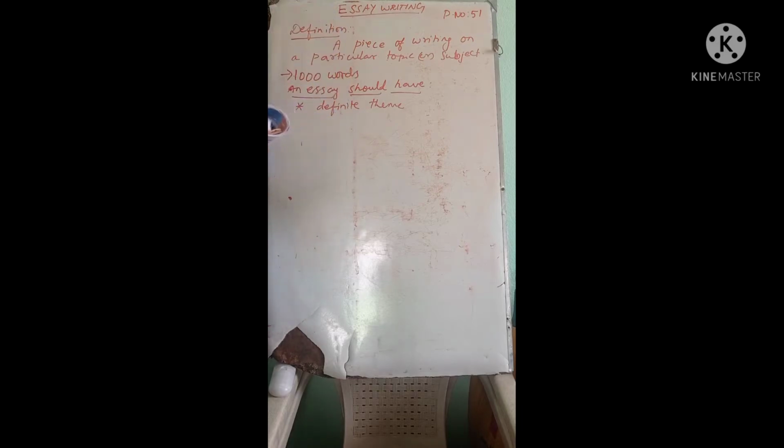It should have a definite theme, and it should have what? The coherence order, chronological order, or a logical order. You have to collect all the points and organize them in a chronological order. Chronological order means you know very well that ordering like 1, 2, 3, point-wise.